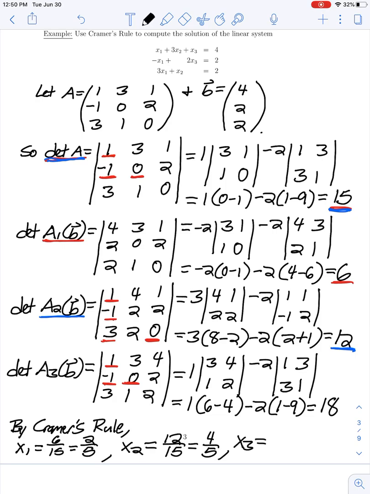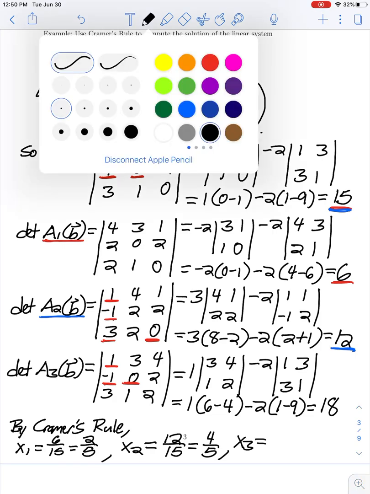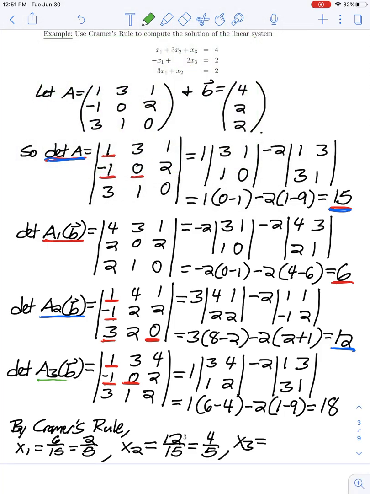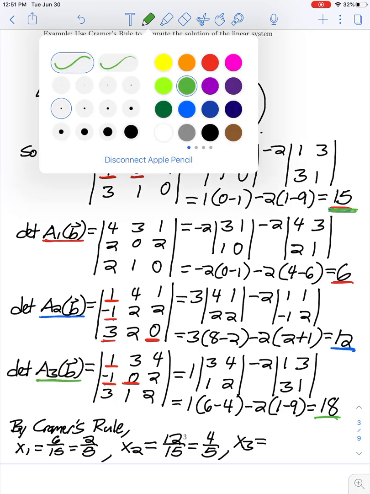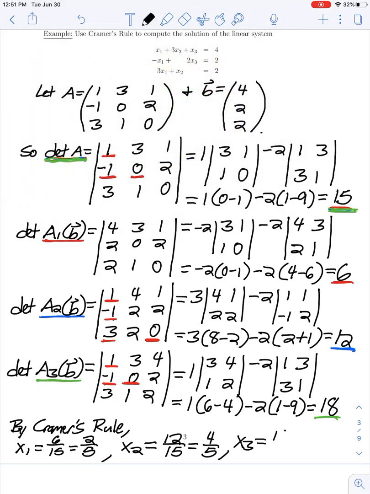And lastly, x3 would be the ratio of the determinant of A3 of B, which was 18, divided by the determinant of A, which was 15. So we have 18 over 15, which reduces to 6/5.